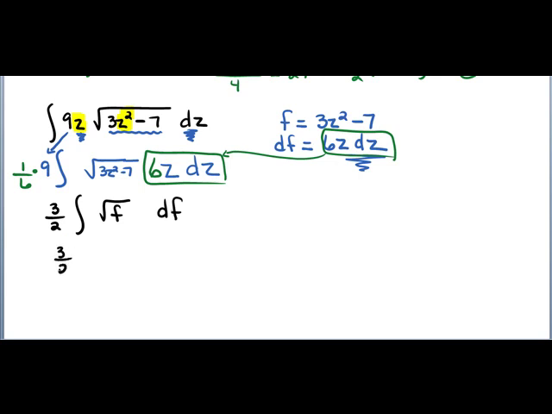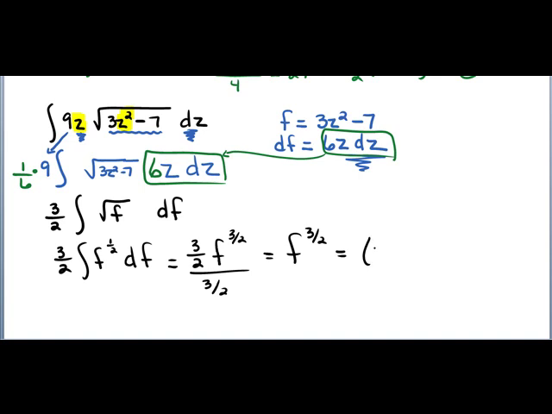So we do 3/2 integral of f to the 1/2 df, which is 3/2 f to the 3/2 divided by 3/2, which becomes f to the 3/2, and we're ready to plug in for f, so that would be 3z squared minus 7 to the 3/2 plus c.